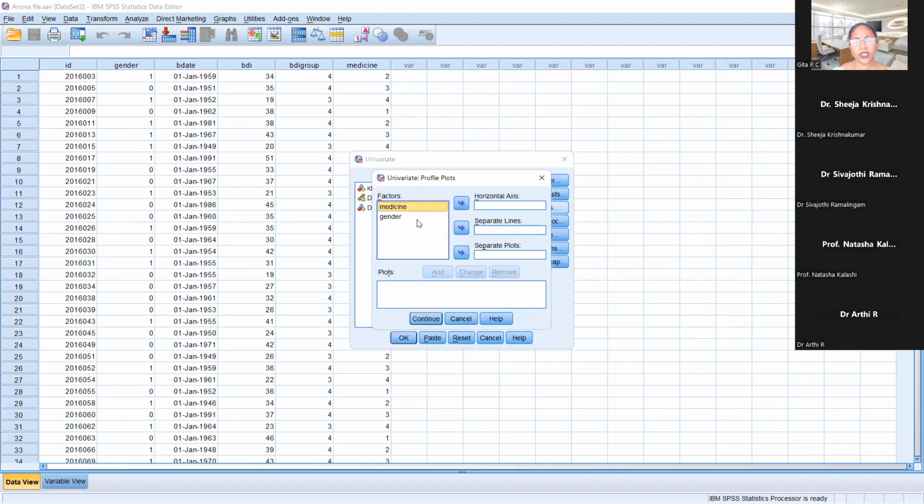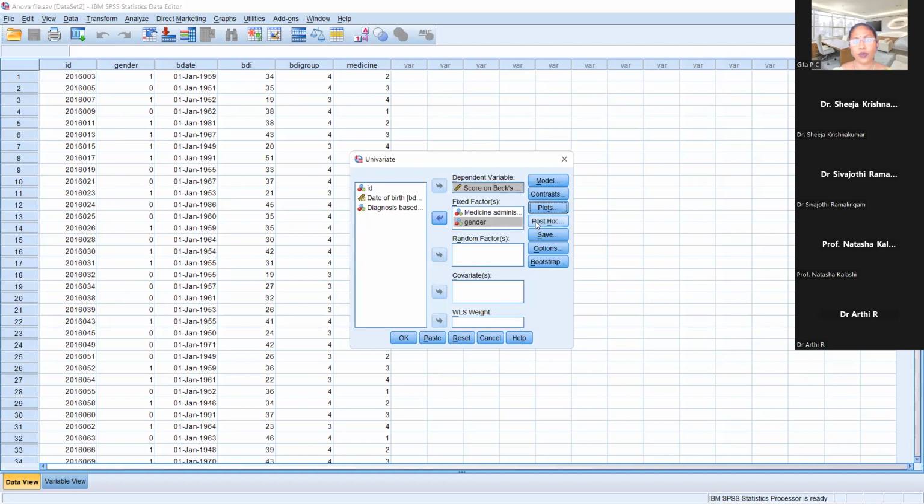Go to Plots, horizontal axis gender, separate lines medicine, then click on Add. So you are trying to create an interaction effect between medicine and gender. Then we can also try out gender with medicine, Add. Continue.